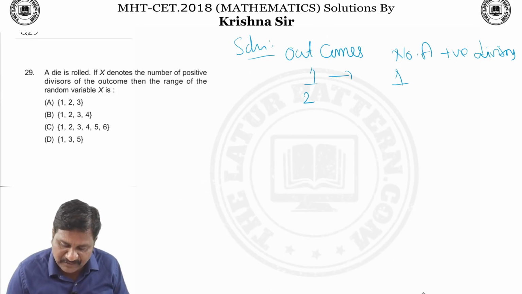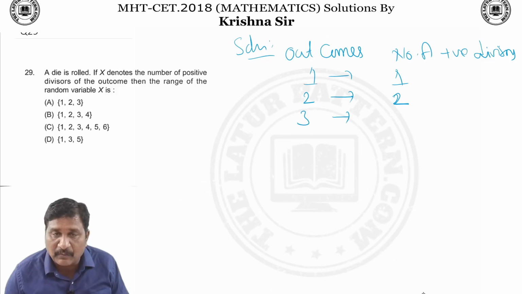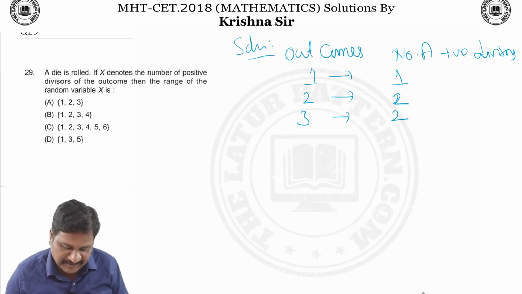If the outcome is 2, the positive divisors are 1 into 2, that is 1 and 2, 2 positive divisors. Similarly, if the outcome is 3, then 1 into 3, 1 comma 3, that is 2 positive divisors.